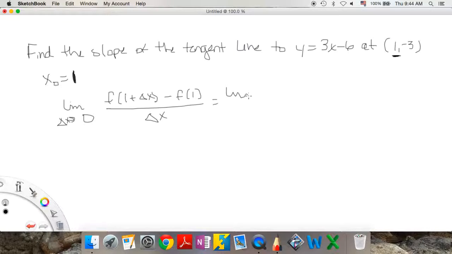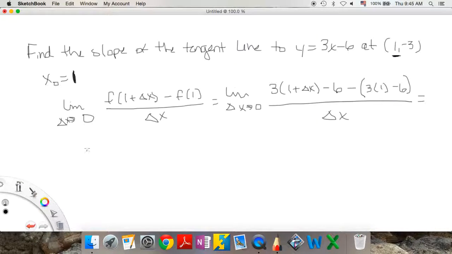So we simply use our algebra, plug this in, so we have 3 times 1 plus delta x minus 6 minus 3 times 1 minus 6 all over delta x.